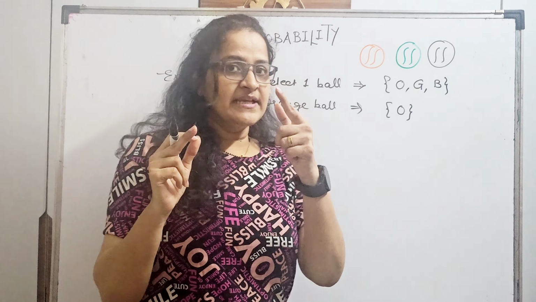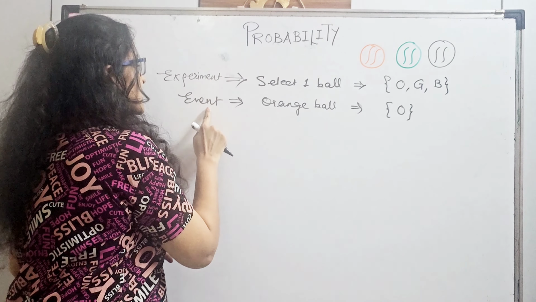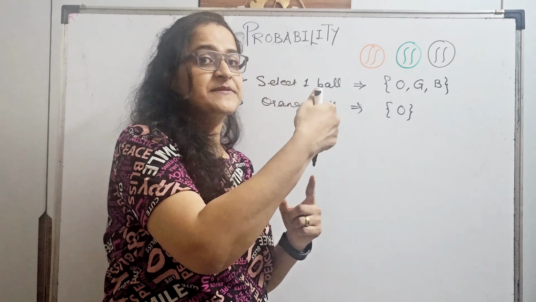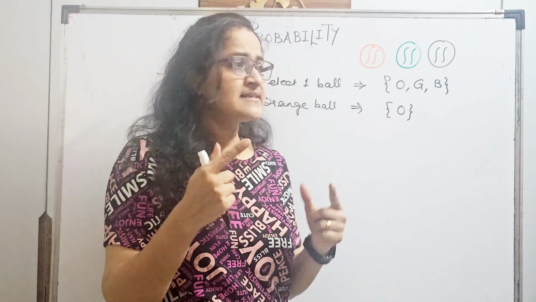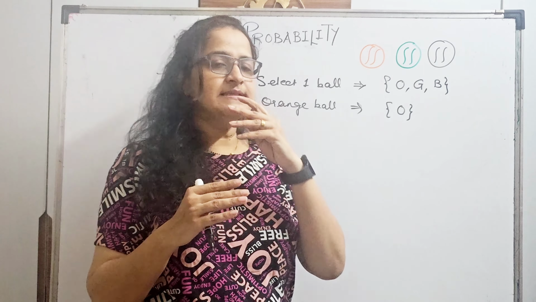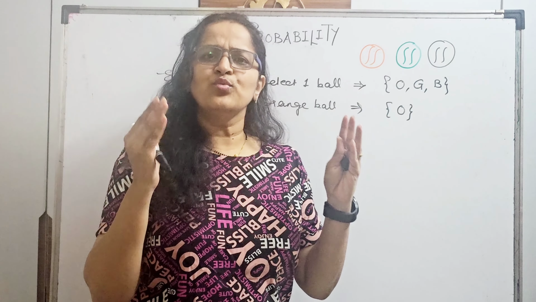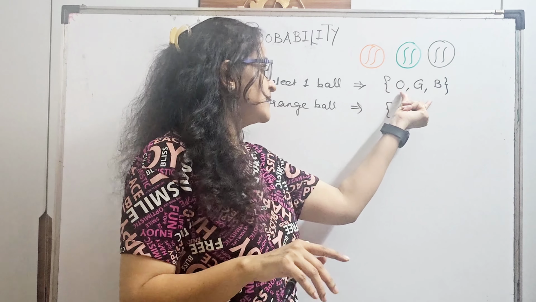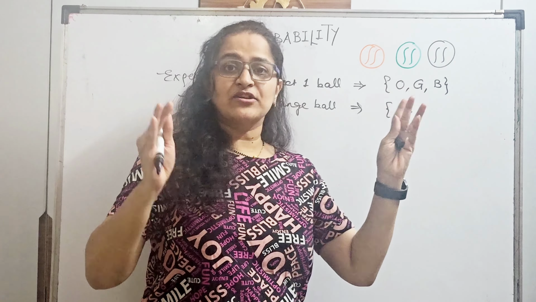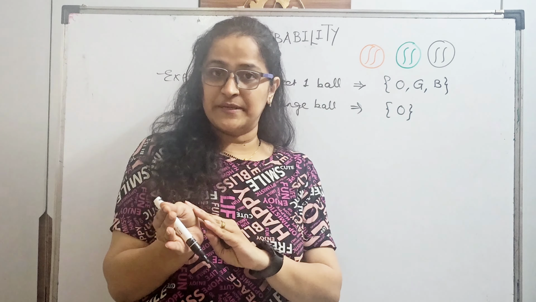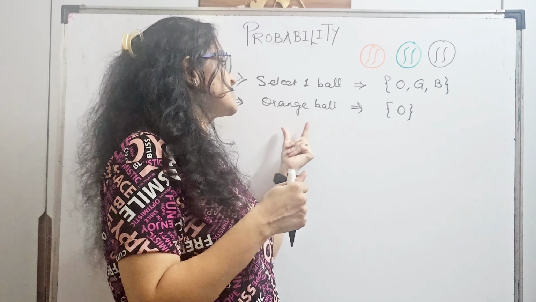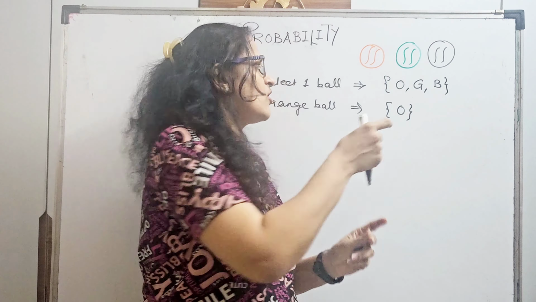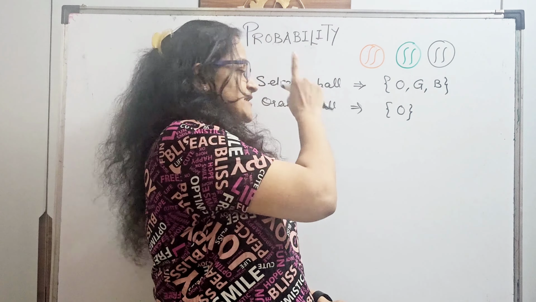So one point is clear from this, right? This event is always going to be what? Subset of experiment. Because experiment is a huge operation which is going to give you a set of outcomes, correct? So in our example, this is the set of outcomes you get out of the experiment, and then event is going to give you a specific set or one subset from that experiment.